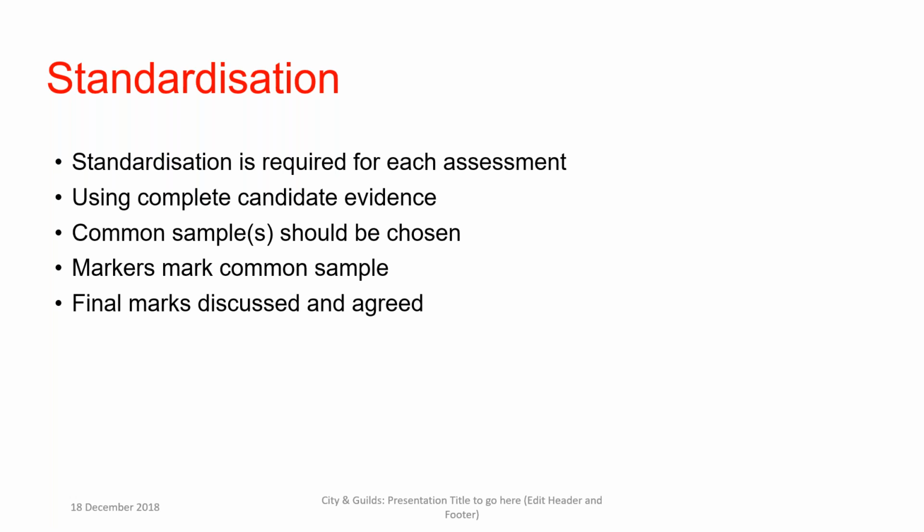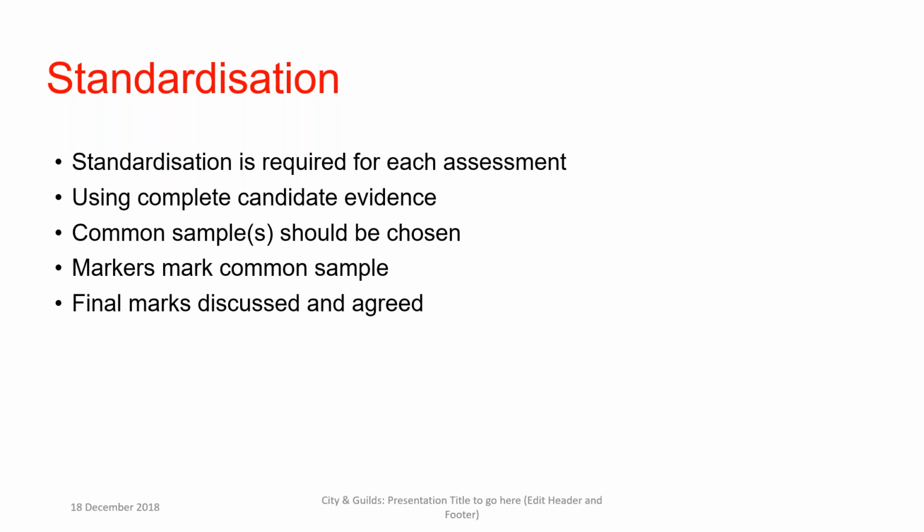Individually, markers should mark in draft a common sample of candidate evidence using the candidate record form to justify their marks. The common sample should be chosen to give coverage of the range of performance expected and to give examples of work that may be at the borderline between marking bands on the marking grid.